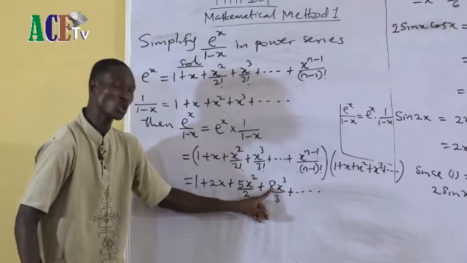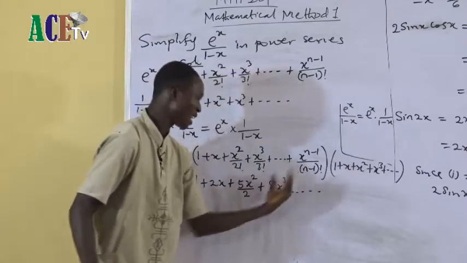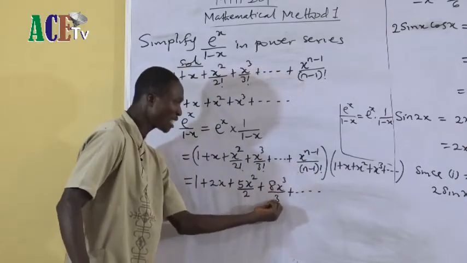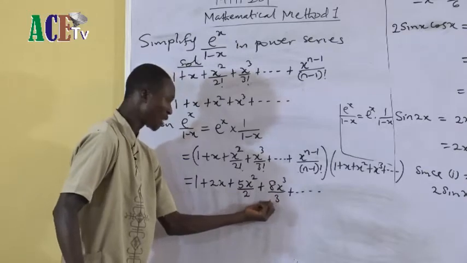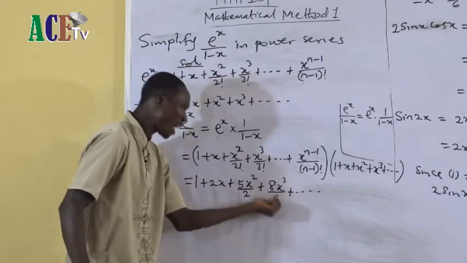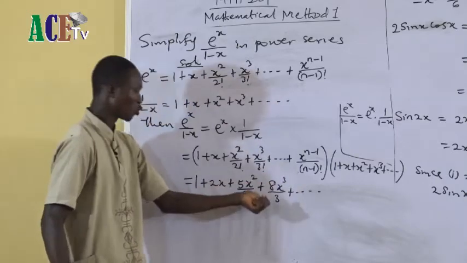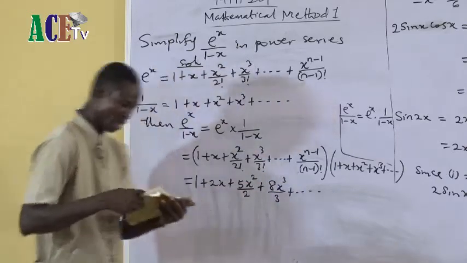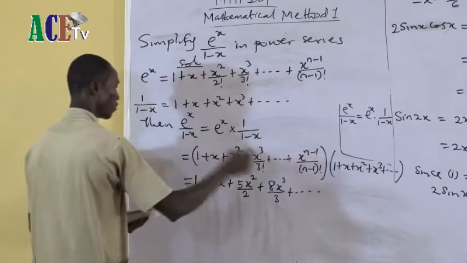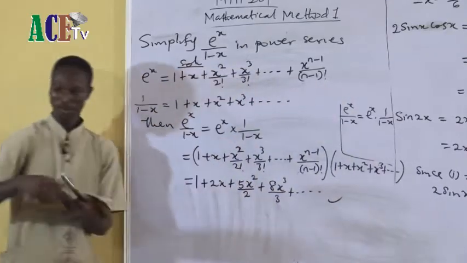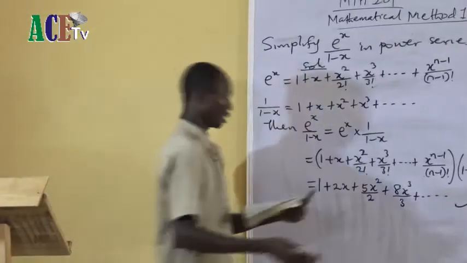This number here was not 8 when you expand and open, because this was supposed to be 3 factorial, that is 3 times 2, that has divided something here. That is when this one is 3. Then that is the expansion of that, brother.